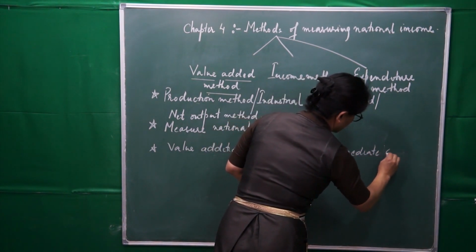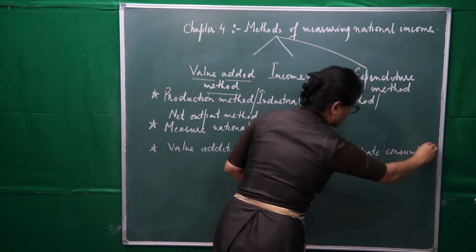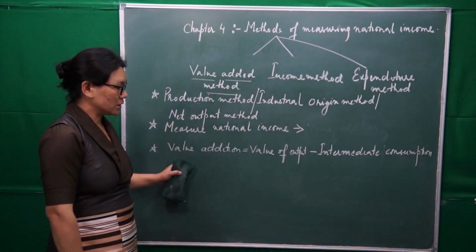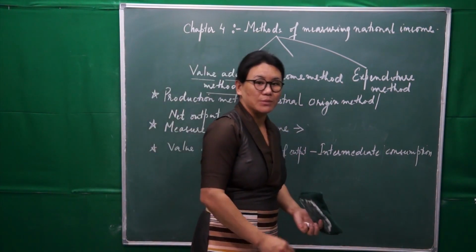Intermediate consumption. All right. So what is this value addition here? It is the difference between value of output minus intermediate consumption.